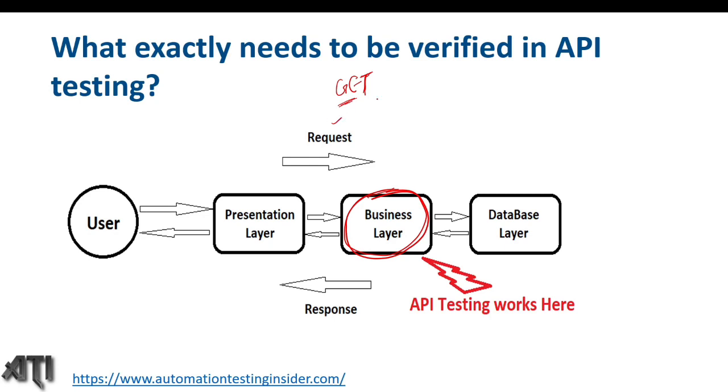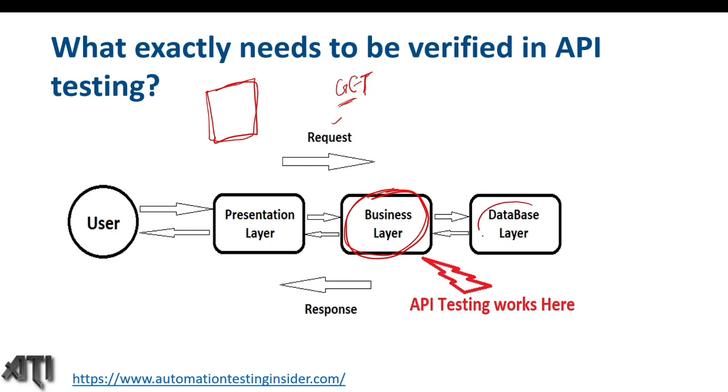Suppose we want some information from the server, so we'll send the GET request. Let's say for this particular application, we want some user information. We'll provide the user authentication, user ID and password, and send the GET request.